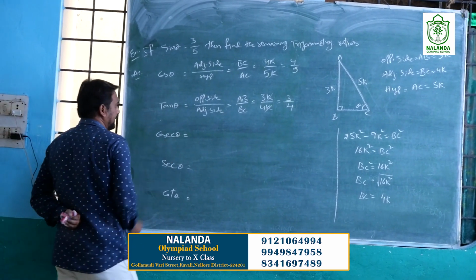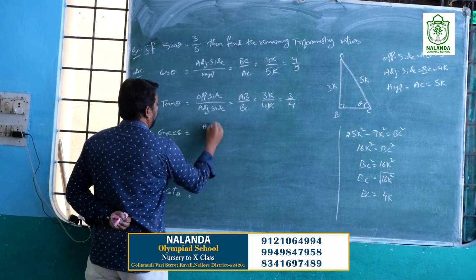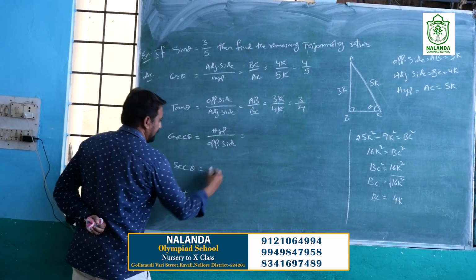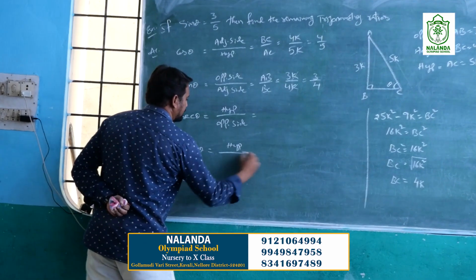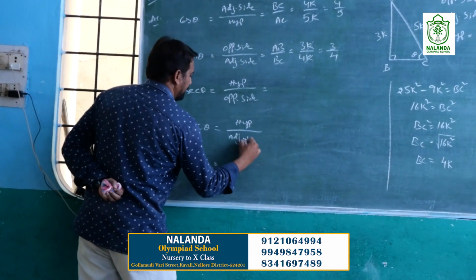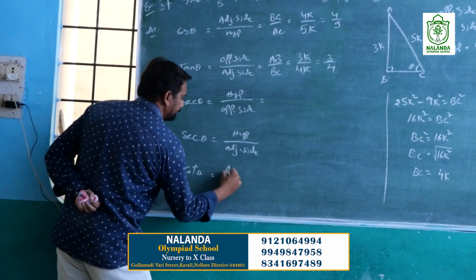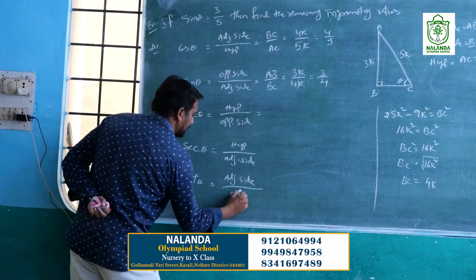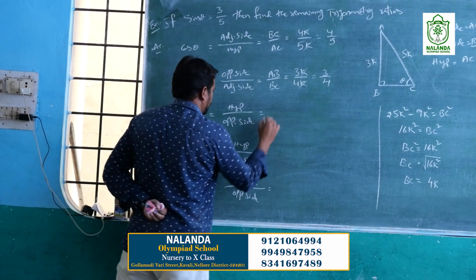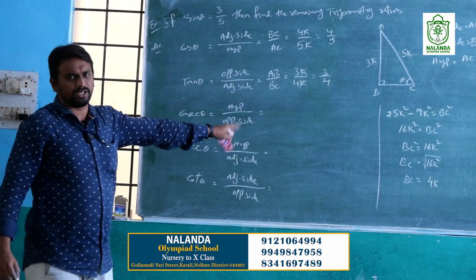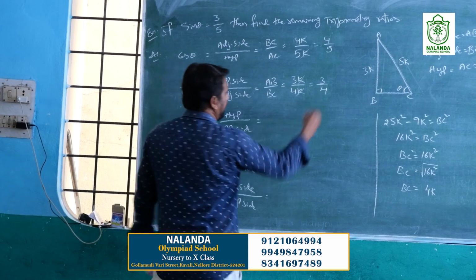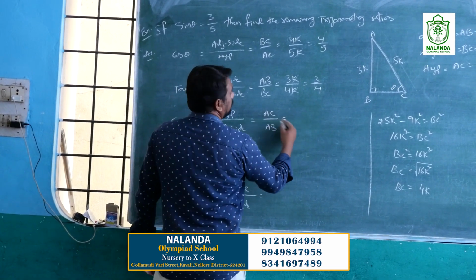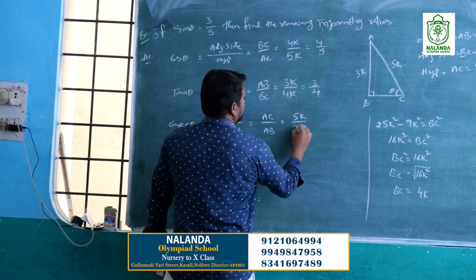Next, cosecant theta is hypotenuse by opposite side, secant theta is hypotenuse by adjacent side, and cot theta is adjacent side by opposite side. Or we can use the reciprocal terms also, no problem. Hypotenuse AC is 5K and opposite AB is 3K.